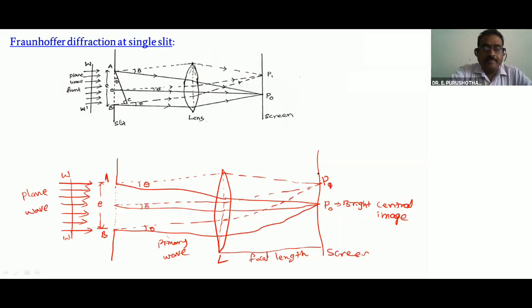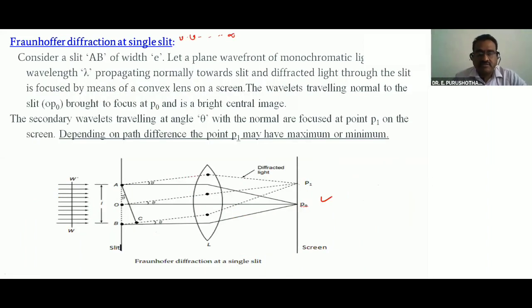At point P1, we can calculate maximum intensity values, that is principal maxima, and also minimum intensity, that is principal minima values. You can see here the perfect figure on the screen. So this is small a.